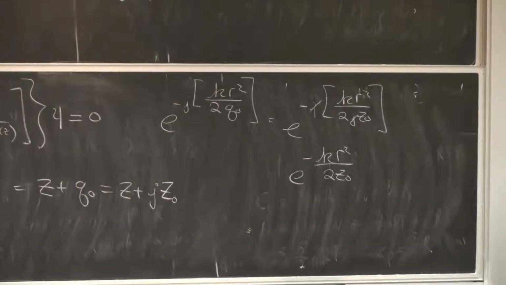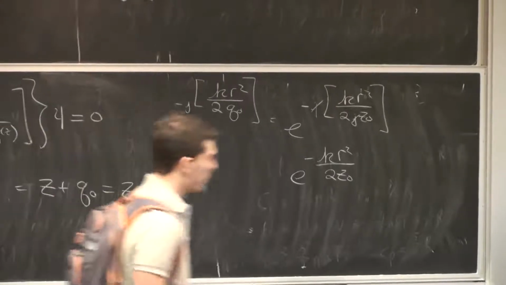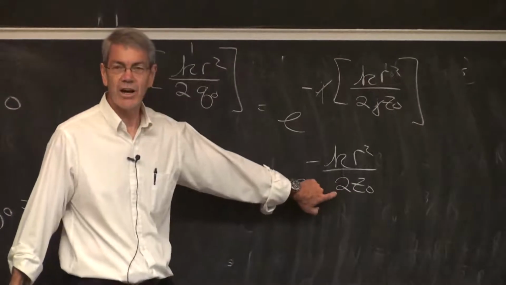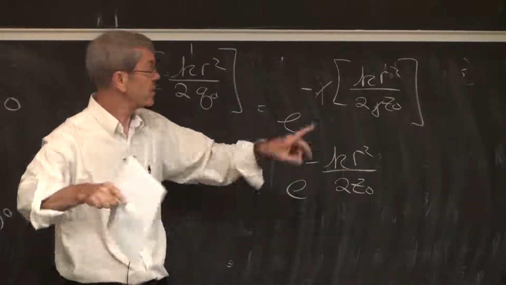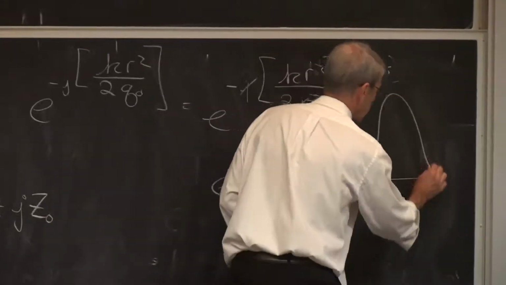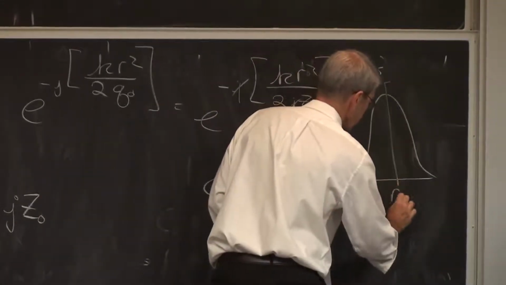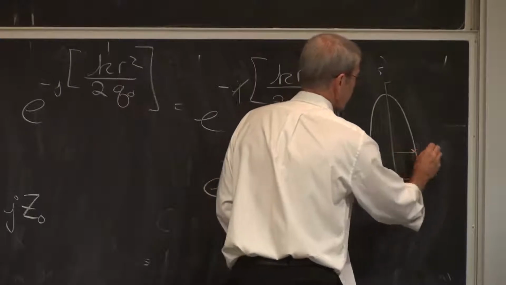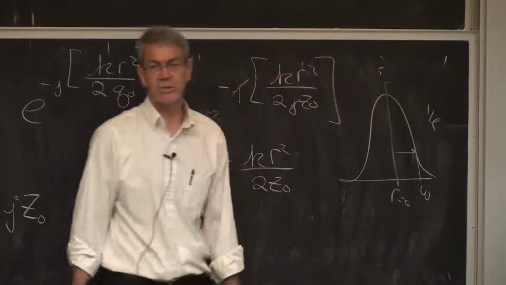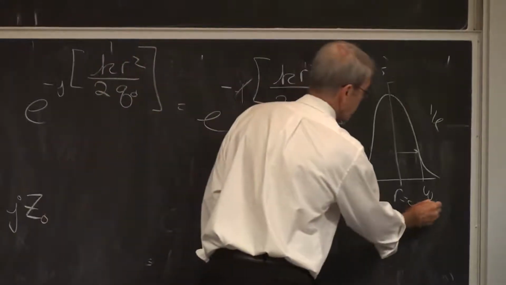And I know I'm looking for a Gaussian solution. So now I can look at this and I can get some clue about what z naught is, because I know a Gaussian has a shape. And here's, say, r equals 0. And at the 1 over e point, we kind of define some width. So let me just call this width omega naught.